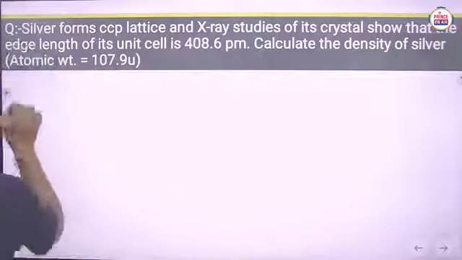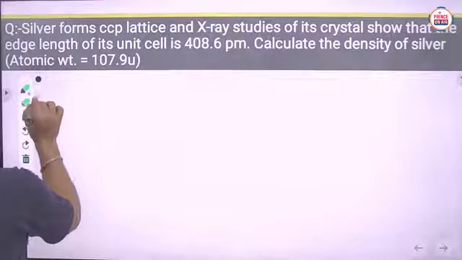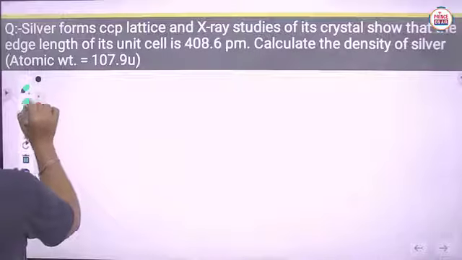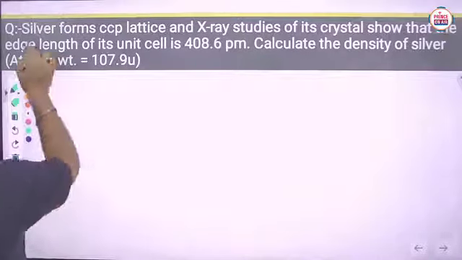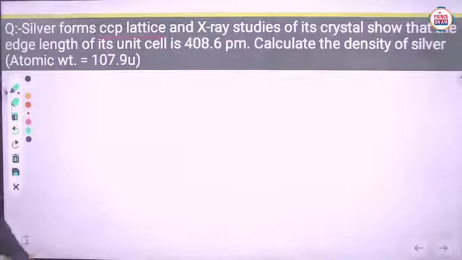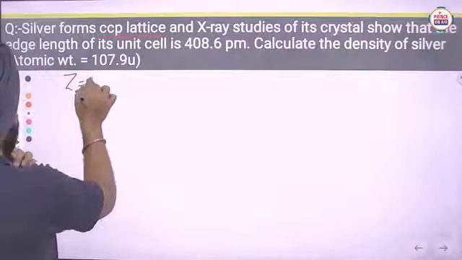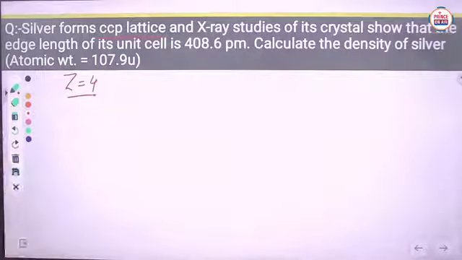So now what can we do? See, silver forms a CCP lattice, which is just FCC. So the Z value will come out to be 4 here once again. Yes or no? The value of Z will be 4 here.